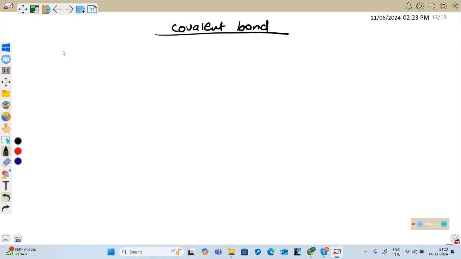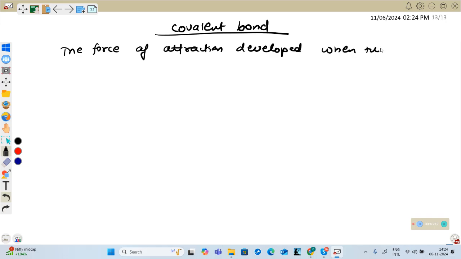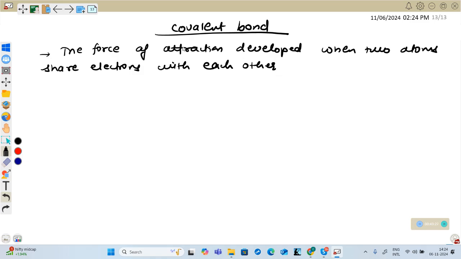The force of attraction developed when two atoms share electrons with each other is called a covalent bond.